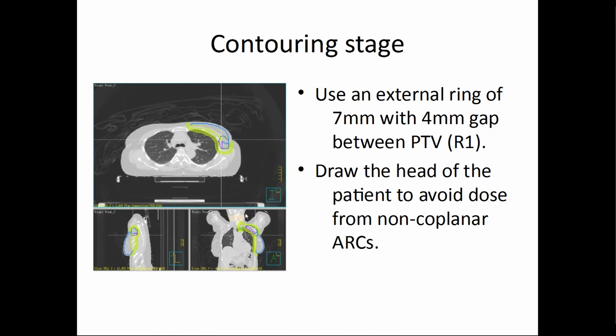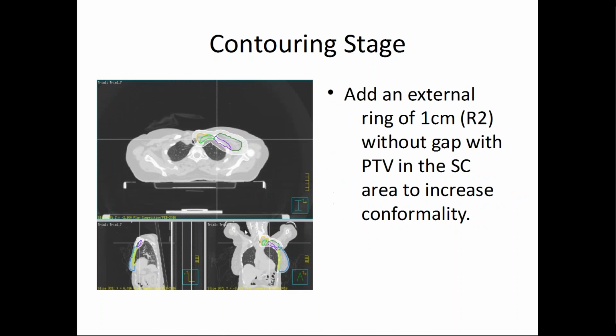And since I use a non-coplanar beam, I have to draw the head of the patient, to avoid the dose going there. And for the part that is not near the lung, I use another ring of 1 centimeter without gap with the PTV, just to increase the conformality in this area.